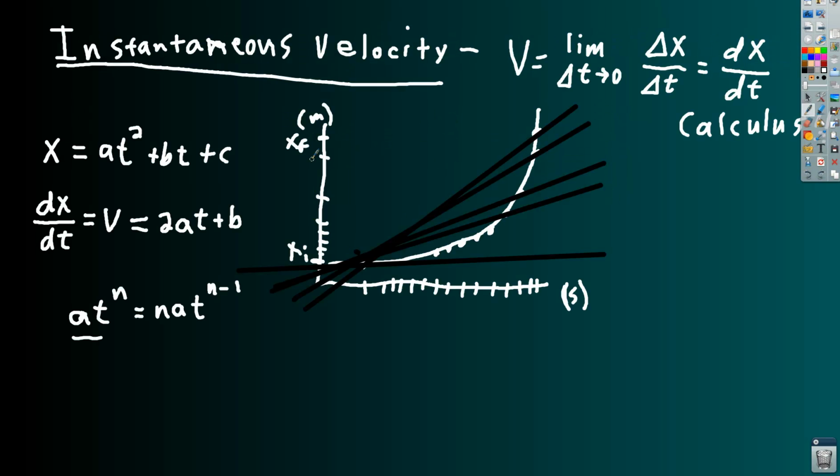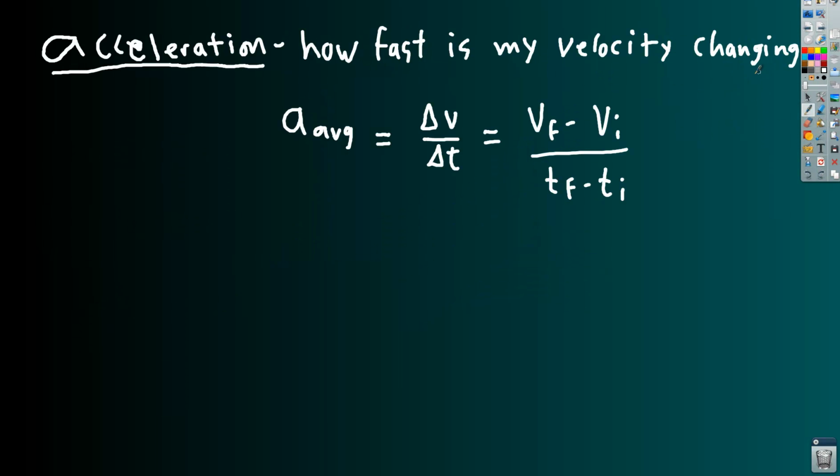Let's go back here and mentally change the x to a v. The average acceleration would be the slope of the line connecting v initial and v final. Same thing, we're essentially just changing the variable. That's nice. You don't have to learn something new for each different one.